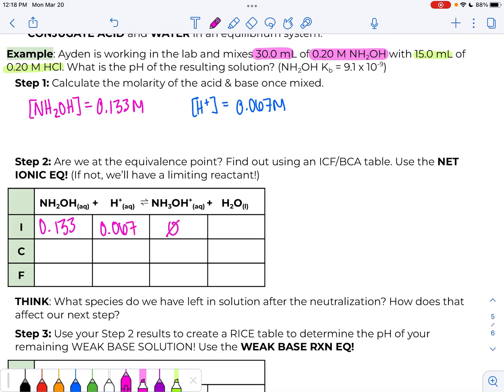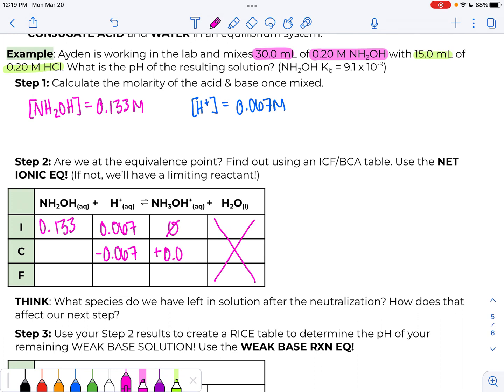We start out with none of our conjugate acid, and we don't care about water. So we do not have equal concentrations of these, even though they are reacting in a 1-to-1 ratio, which means one of them is going to run out first. Which one is it? It's the acid.